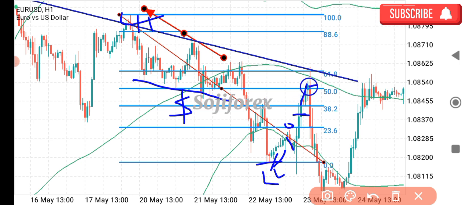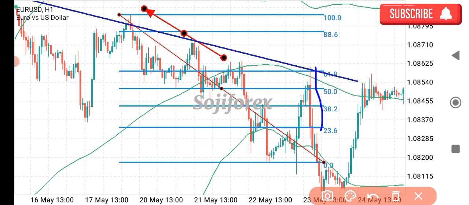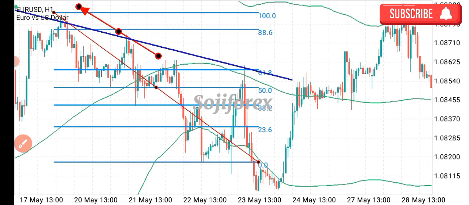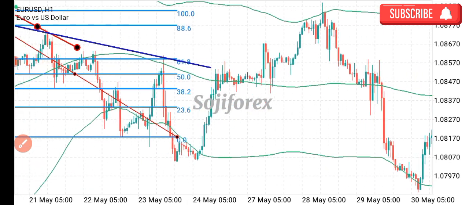We say once price gets to the 50 level, you can begin to look for an entry signal. And here you can see this massive bearish candle that we have, and that is our entry signal for a sell. So that is for that.